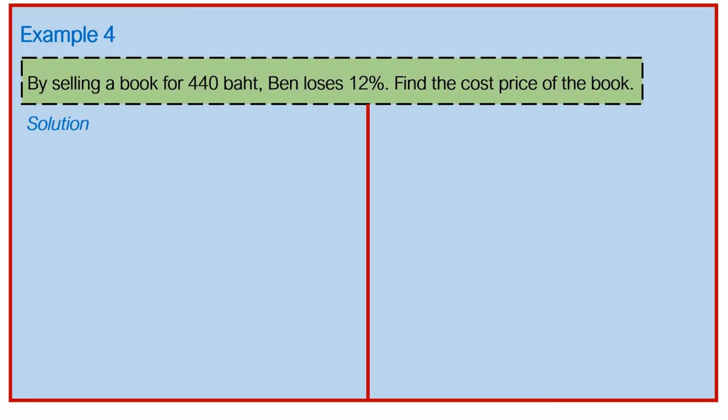So, B equals 100 times 5, which is equal to 500. So, therefore, the cost price was 500 baht.